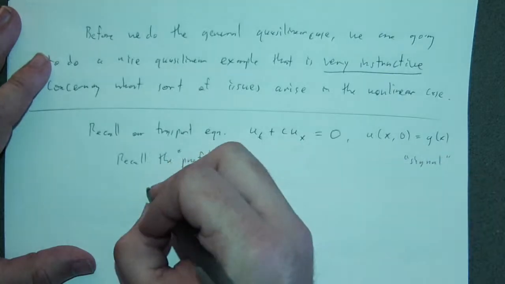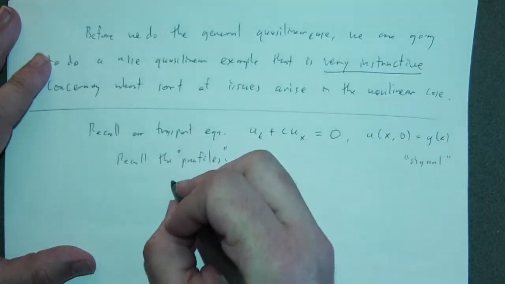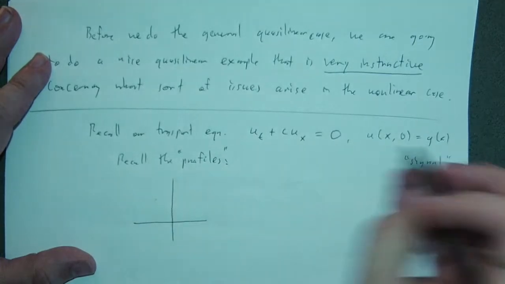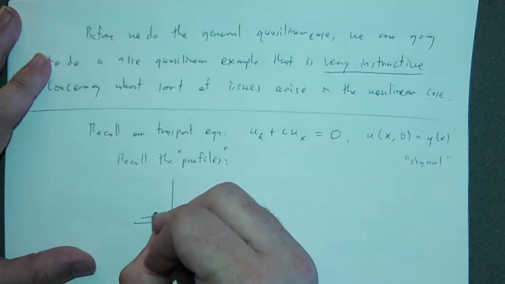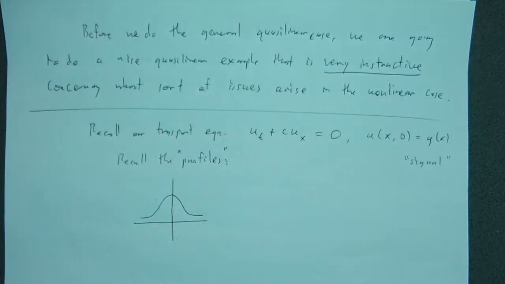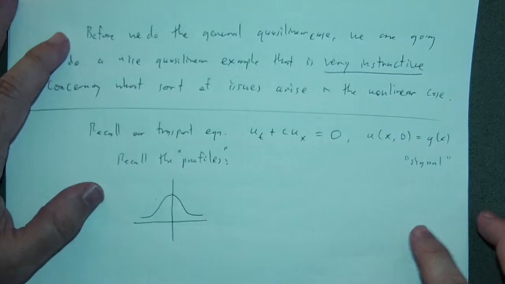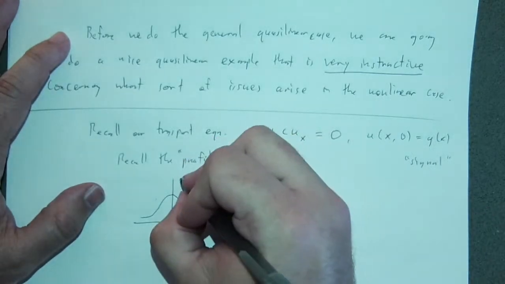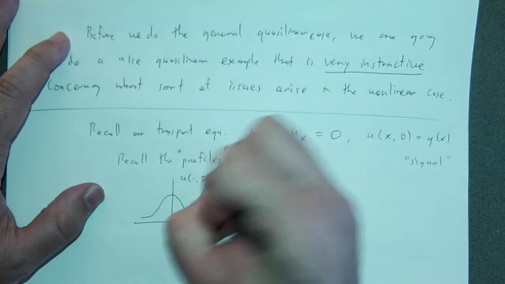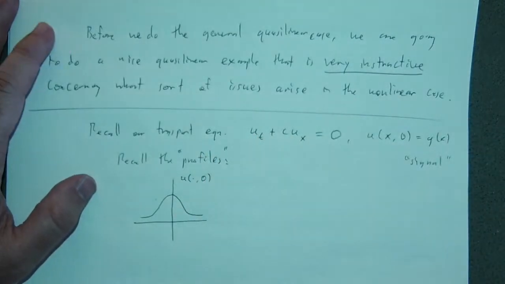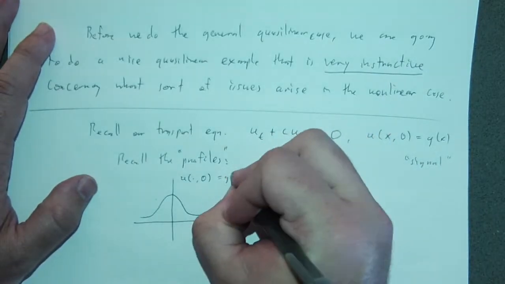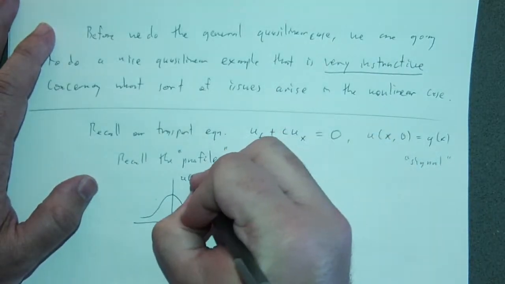So say that our g of x is a signal. We like to think of it a lot of times looking like this. Let's say that this was our profile at t equals 0. All right, so this is actually g of x itself. I'll just write x here.